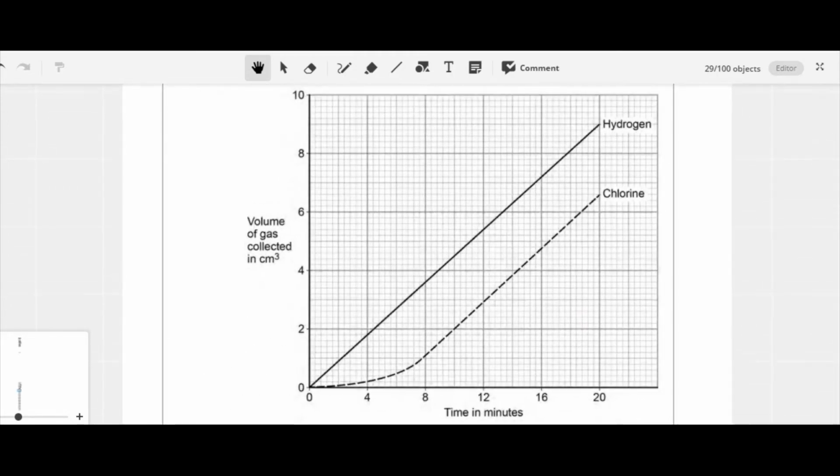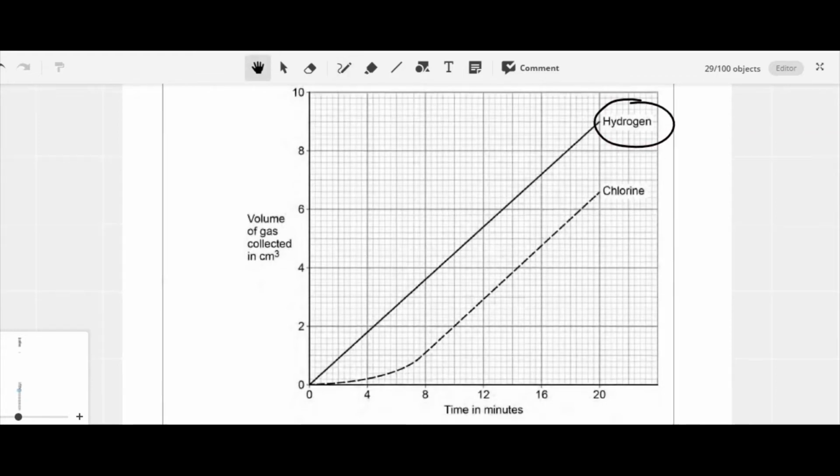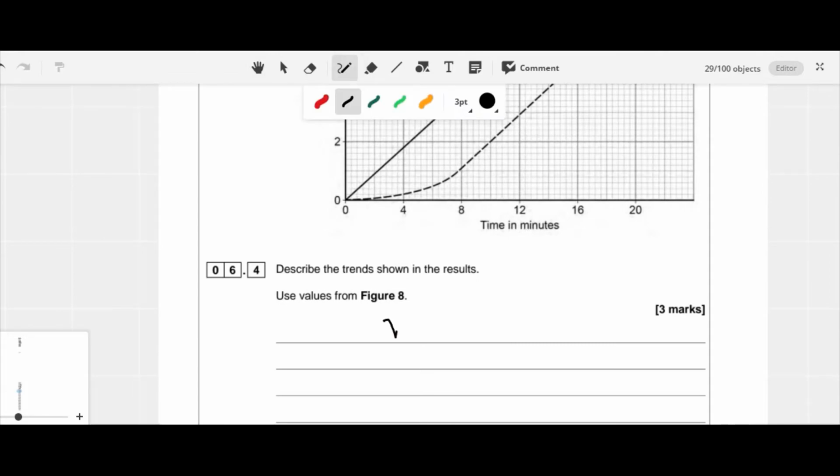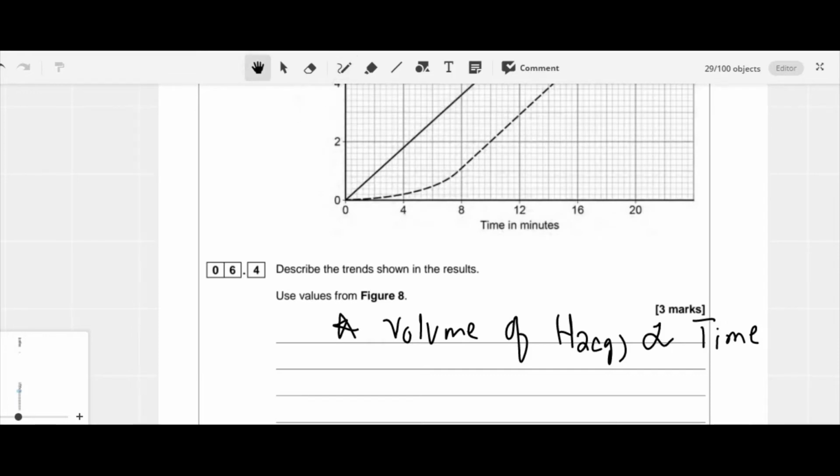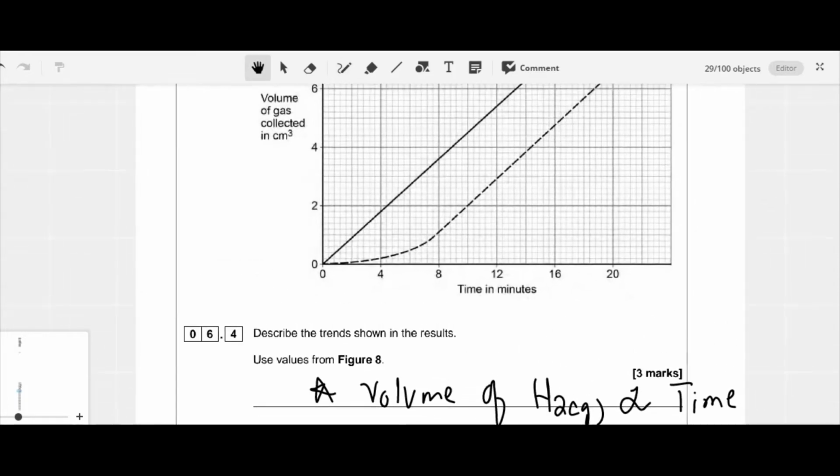As we see here, the volume of hydrogen gas is directly proportional to time. That is the first trend, a point that we can conclude.